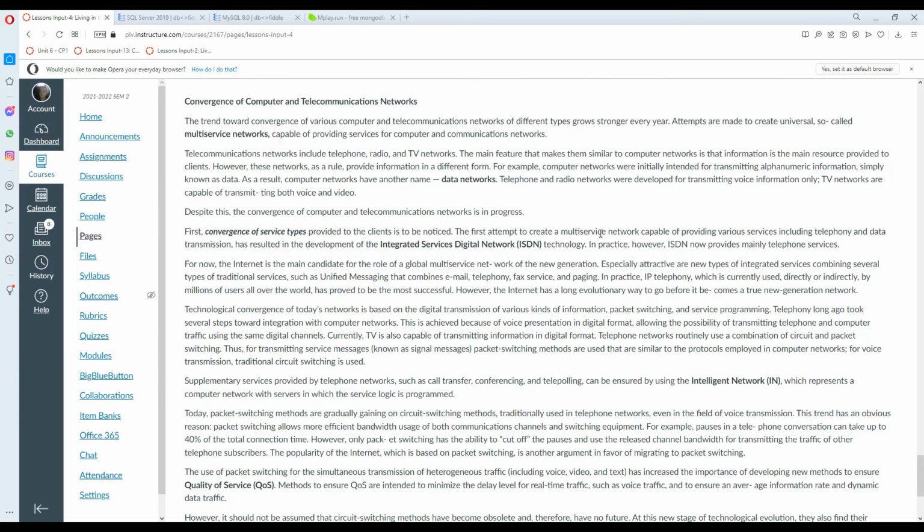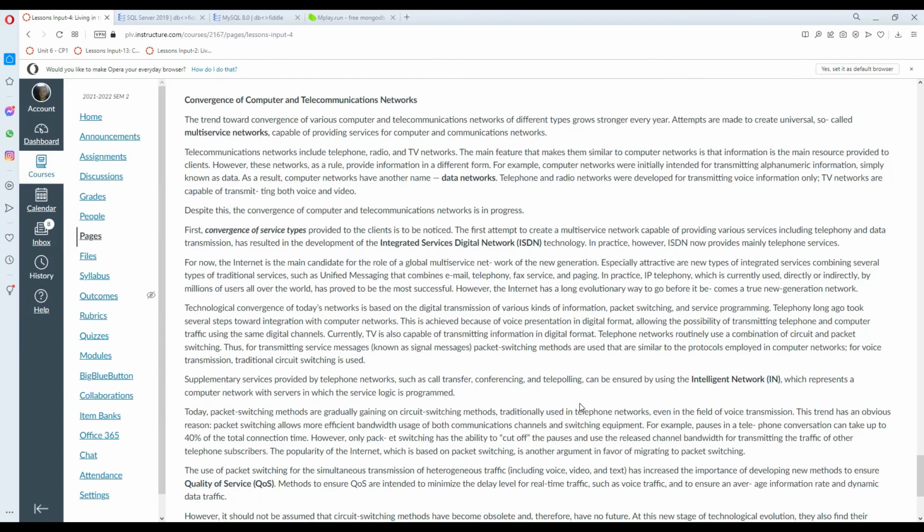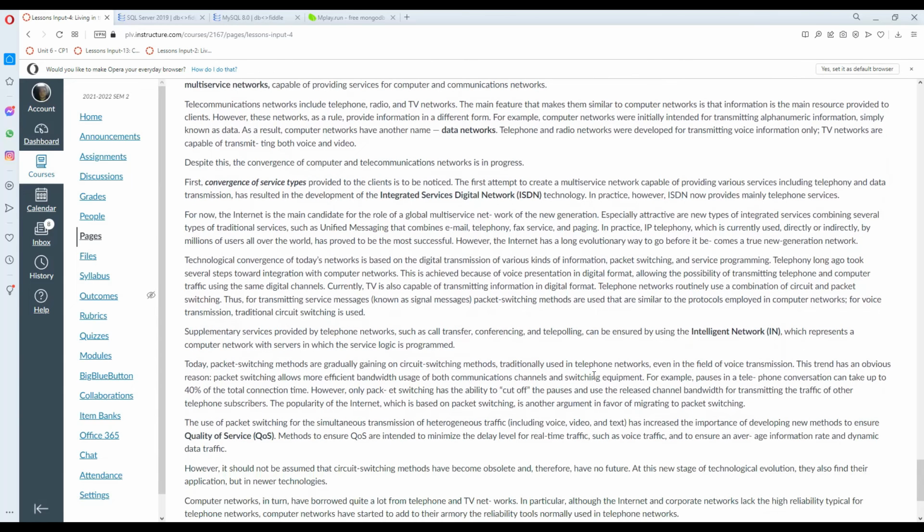The first attempt to create a multi-service network capable of providing various services, including telephony and data transmission, resulted in the development of ISDN, or Integrated Services Digital Network technology. However, ISDN now provides mainly telephone services. For now, the Internet is the main candidate for the role of global multi-service network of the new generation.